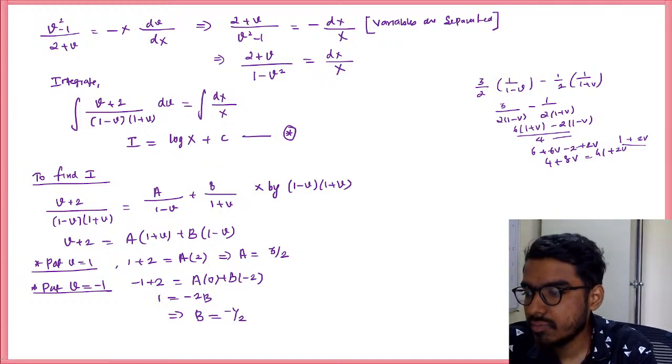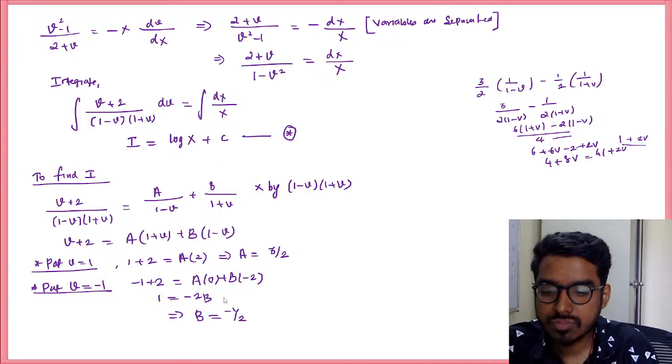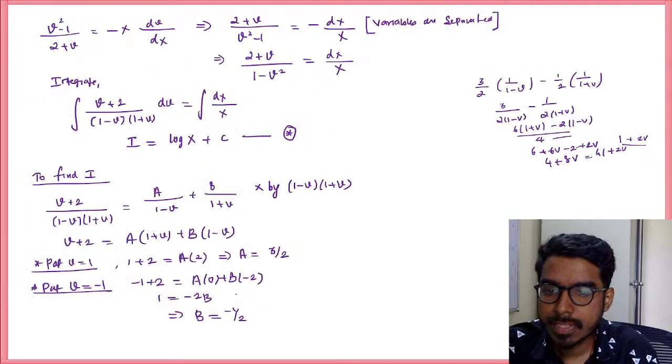Any mistake I have made? This b value is where I made a mistake. The b value should be plus 1 by 2. We have to get b value to be equal to plus 1 by 2. I'm getting minus 1 by 2. I don't know where I made a mistake.